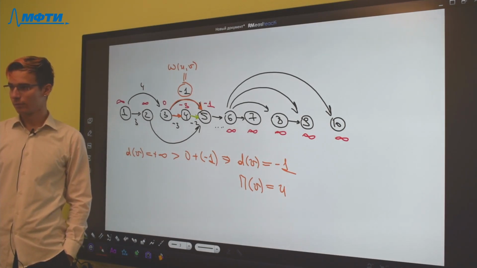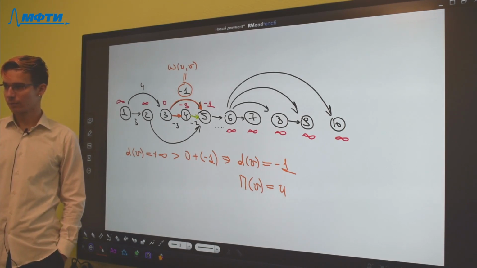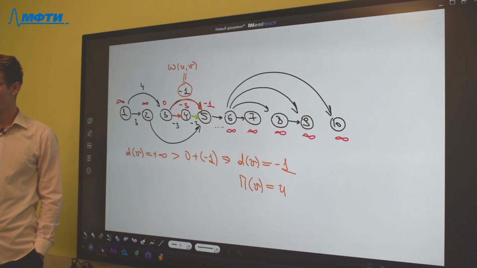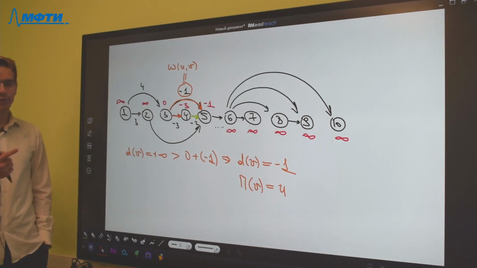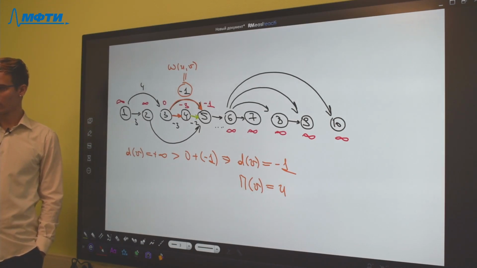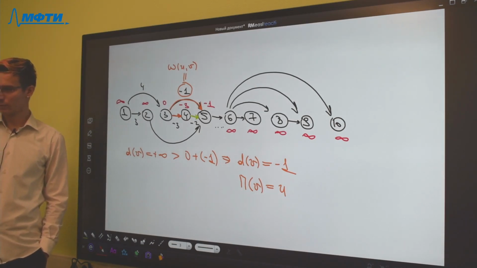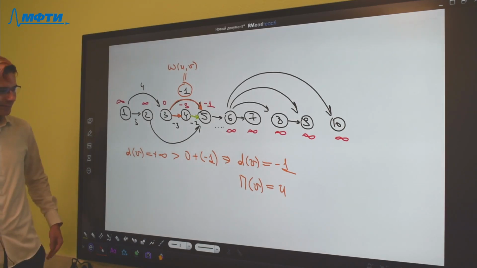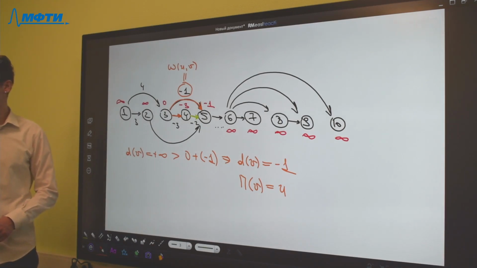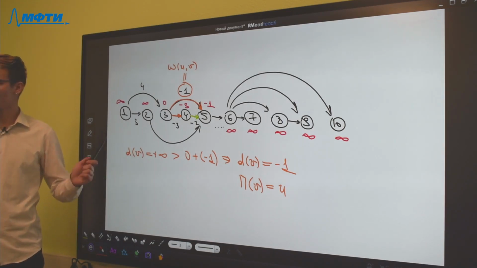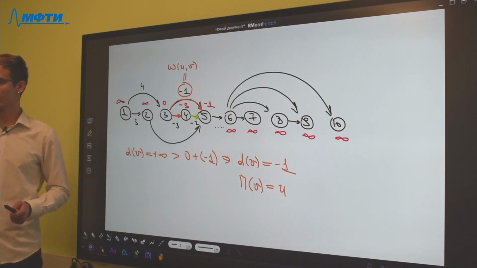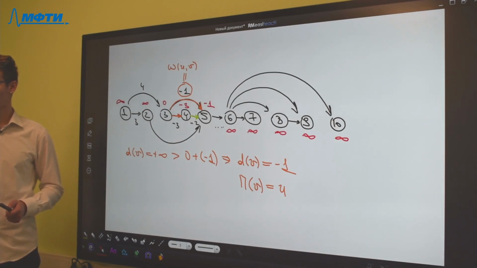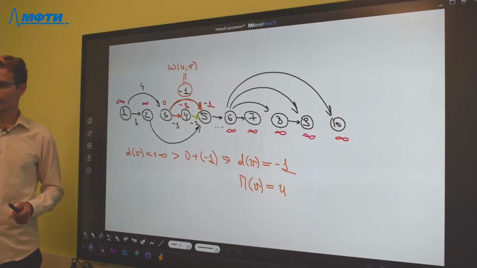So the second time, we don't relax it. We relax all edges only one time. There is no condition to relax the edge. We relax all the edges, but only one time. Do you understand the question of the colleague?